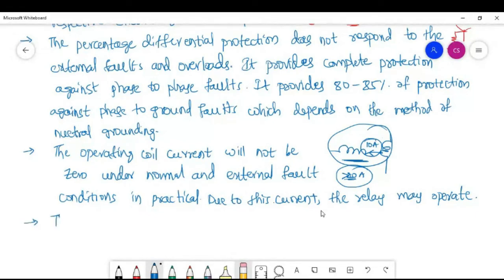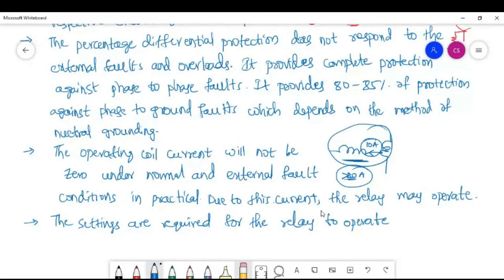The settings are required for the relay to operate properly, to operate whenever it is required.